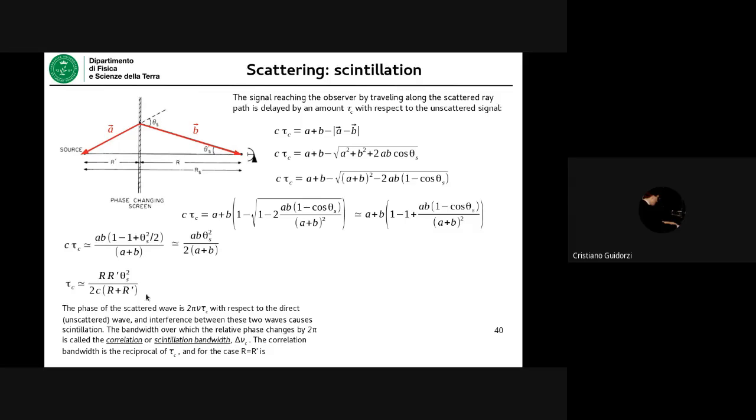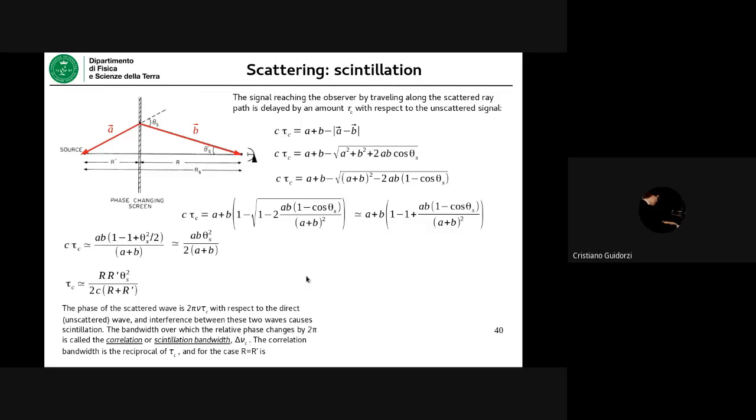So if the frequency interval over which you are integrating the signal is such that the interference between two rays having the same frequency but having traveled different paths changes significantly, for example by 2 pi, it means that you are summing up the signal of different frequencies whose interference is different, so they cancel each other.